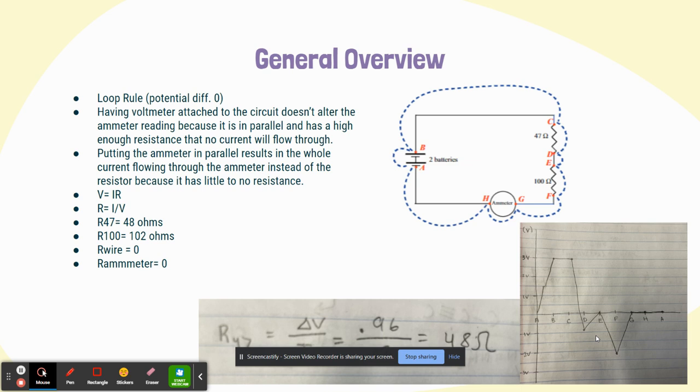In comparison, if we had the ammeter in parallel, the ammeter has basically no resistance, and in the program it has no resistance, then the current will just flow through the ammeter as if it was a wire and not flow through the resistor, causing the current to change and increase.